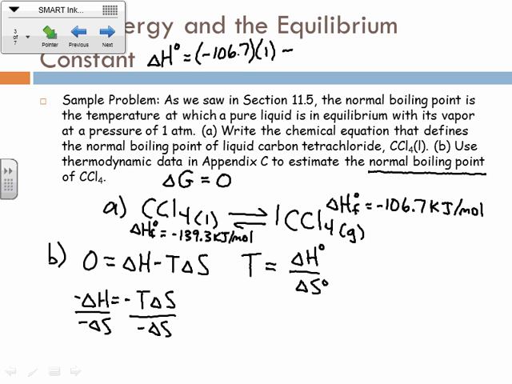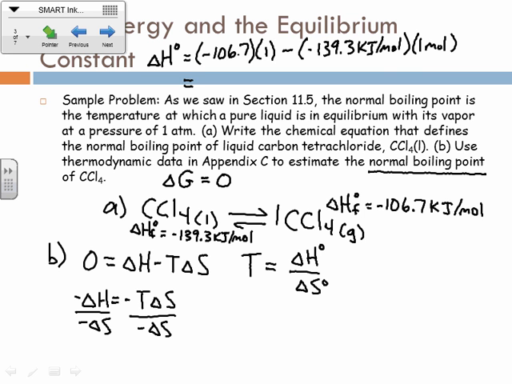And then we're going to subtract the delta H of formation of the reactant, which is negative 139.3. I don't know why I'm putting the units on this one. I didn't on the last one. So that's going to give us our delta H for the overall reaction that's occurring here.